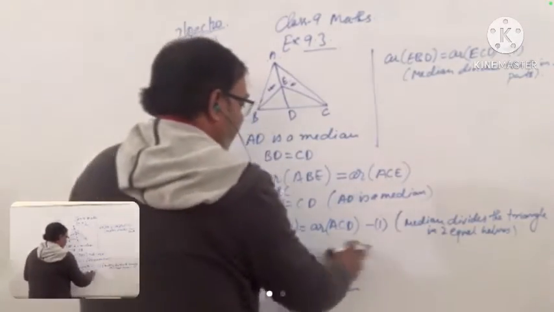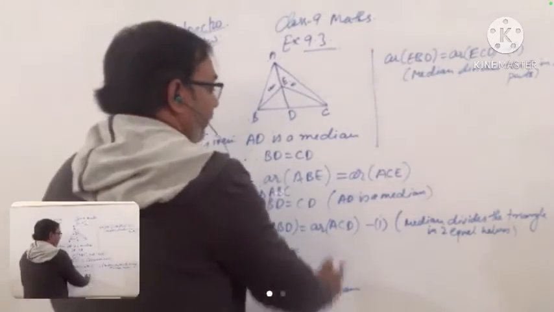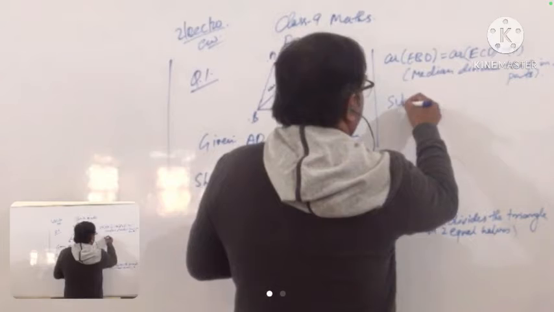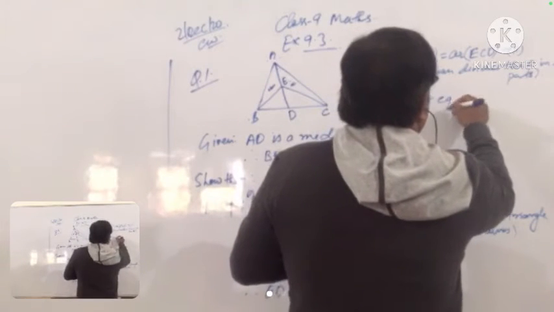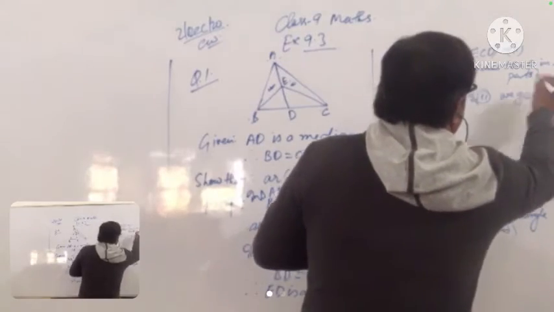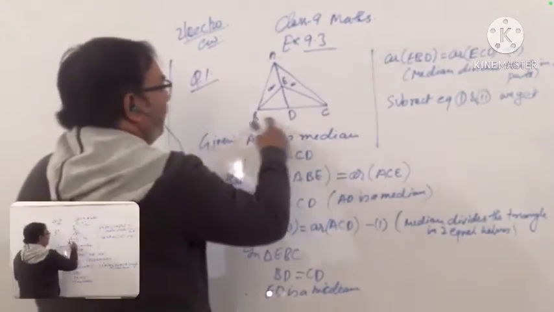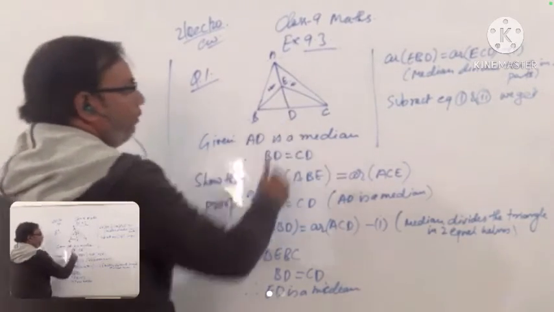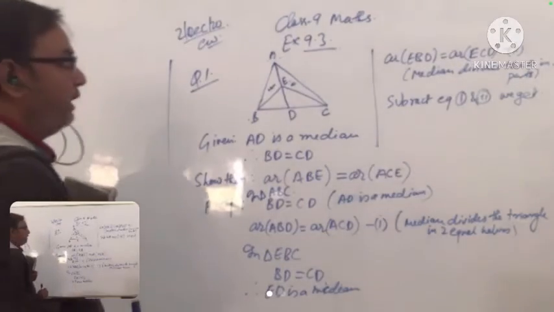Now we have two equations. We just subtract equation 1 and 2, we get. Now you see ABD, and if we subtract EBD, whatever the leftover, Madhvi, please tell me what is the leftover?